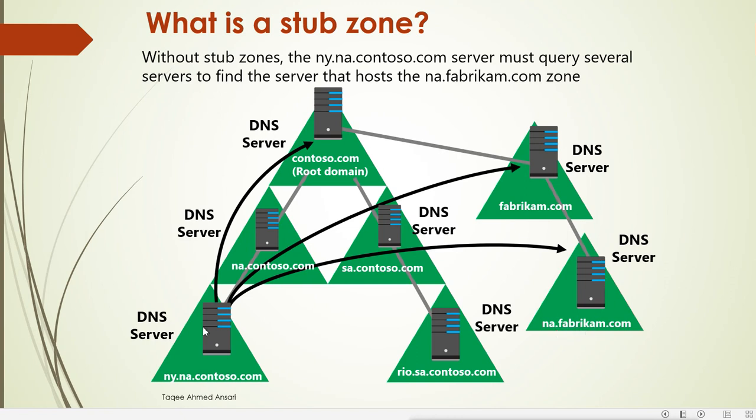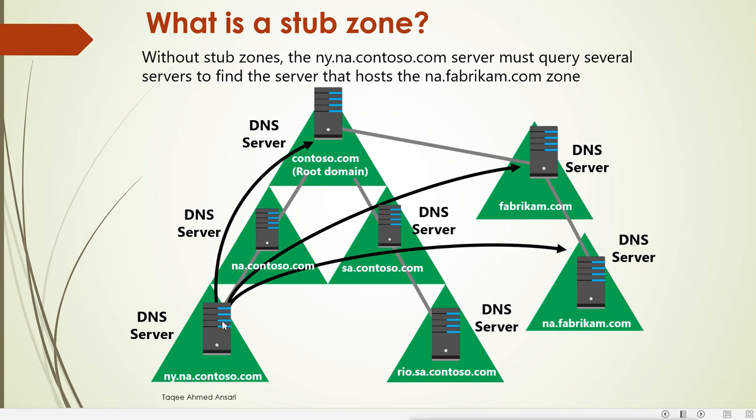na.fabricam.com. So whenever our clients from this contoso.com, ny.na.contoso.com want to go to any machine in this domain and try to resolve any name, they do not have to go to every other domain to find the record.